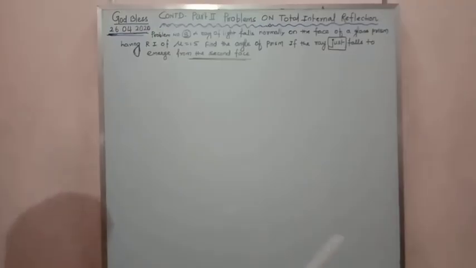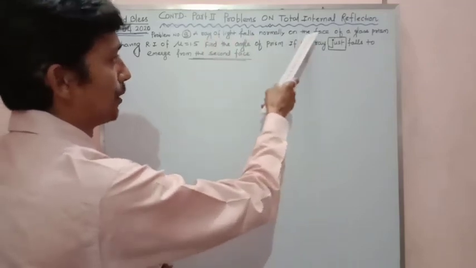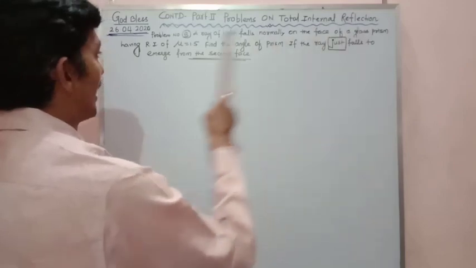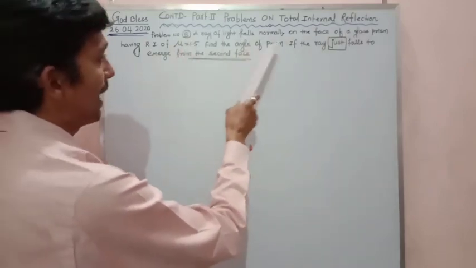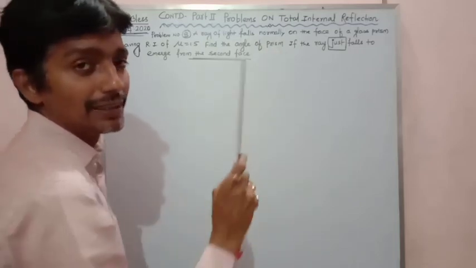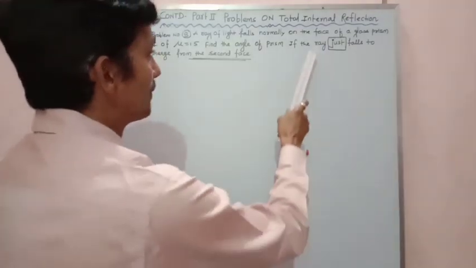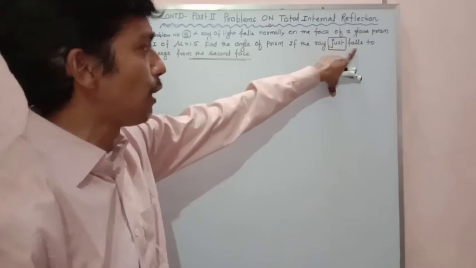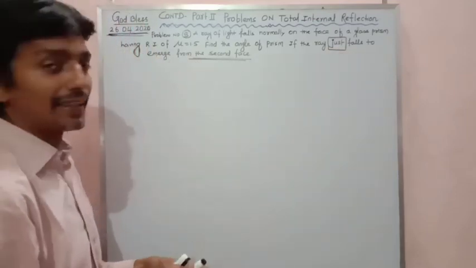Well, my dear, look at this question. Here I have written: a ray of light falls normally on the face of a glass prism, again normally, having refractive index 1.5. Find the angle of prism. This time the angle is not given. Earlier it was given as 45 degree. If the ray just falls to emerge from the second face. Here is the word, just.